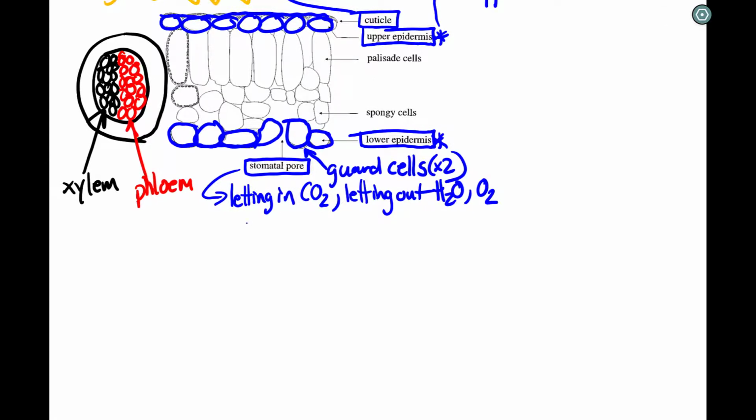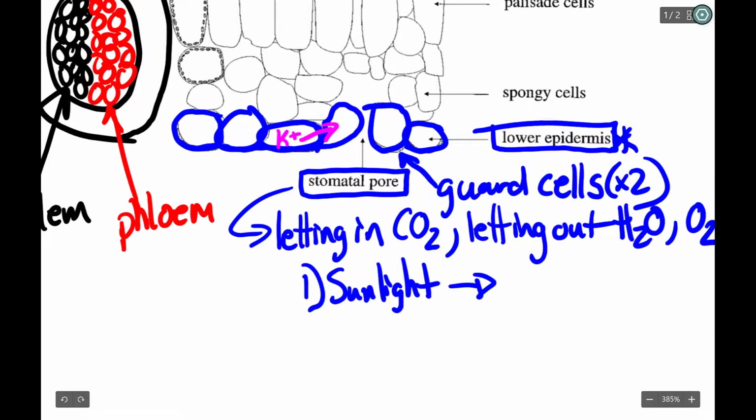Okay, so how this actually happens is sunlight stimulates the leaf, and it basically causes the cells that neighbor the stomata to pump potassium into that cell. So the symbol for potassium is K. So this is the ion of potassium.